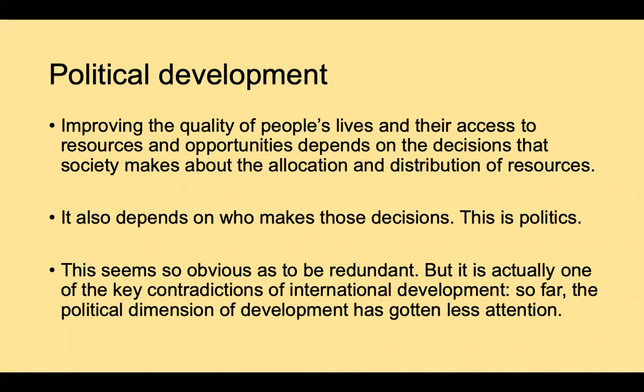Those choices are just as important as the policy choices that they make once they elect or anoint leaders who act on their behalf. These processes matter greatly to the experience of the individual and the dignity that we can associate with their life. Is it a dignified life? Well, much of that is political as well as societal and social and economic. And so it also depends on who makes those decisions.